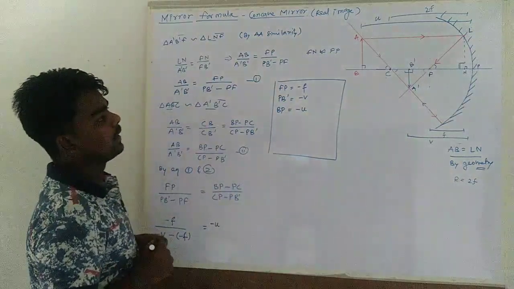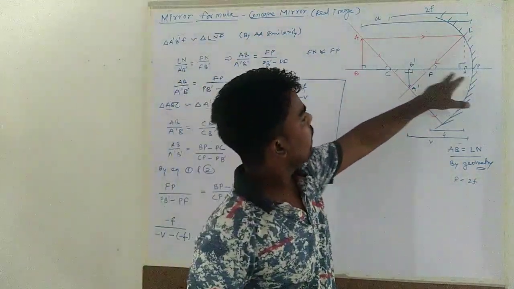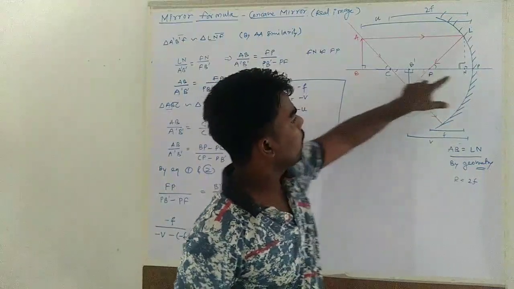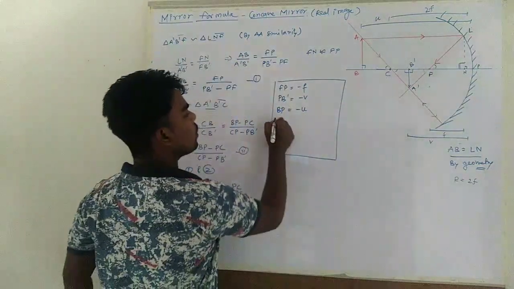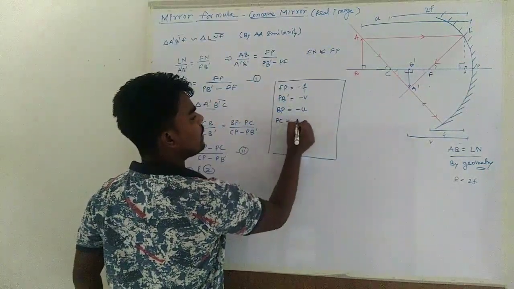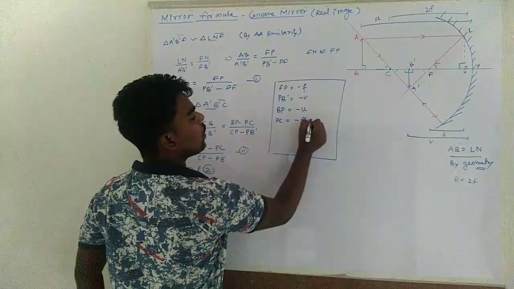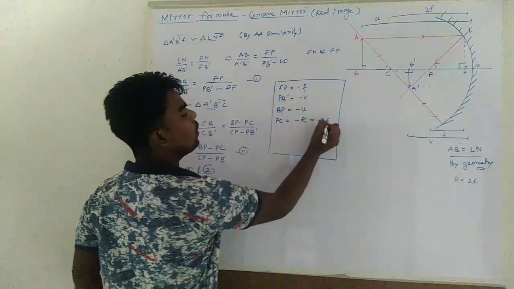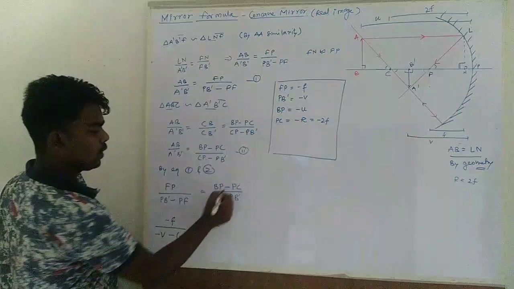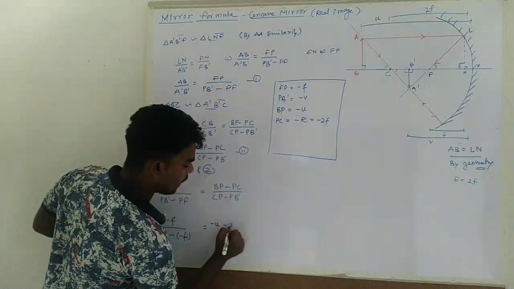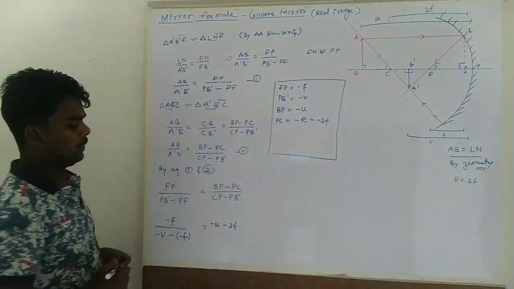Now PC, this is the center of curvature to pole. What is that distance? PC is negative R, or you can write negative 2F. So this PC I will write as minus 2F.